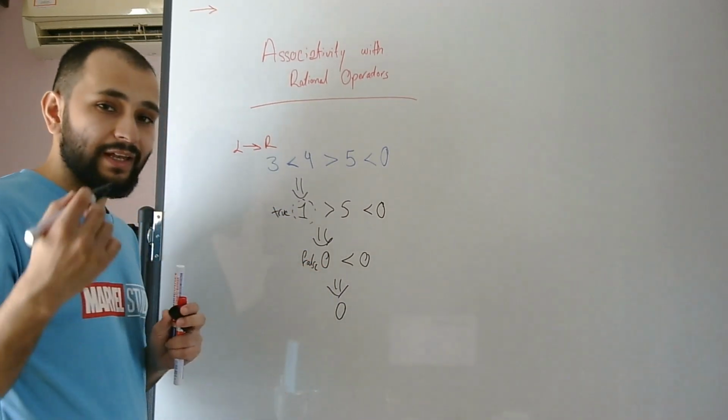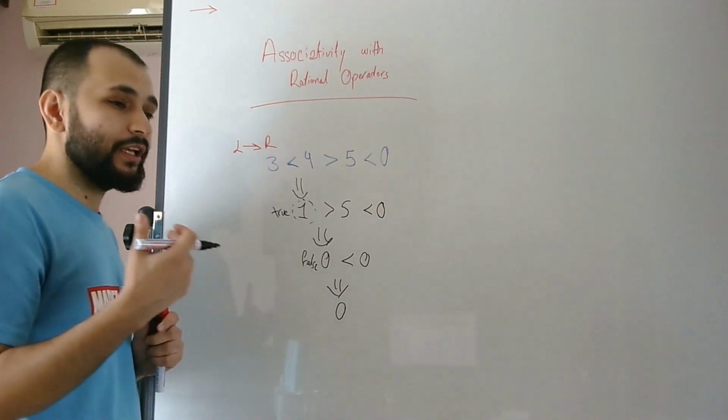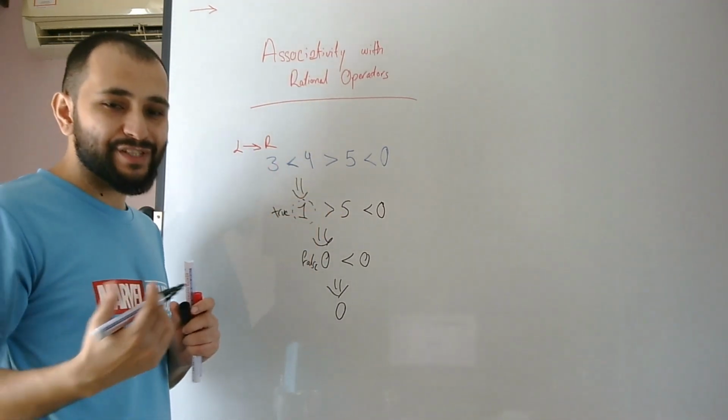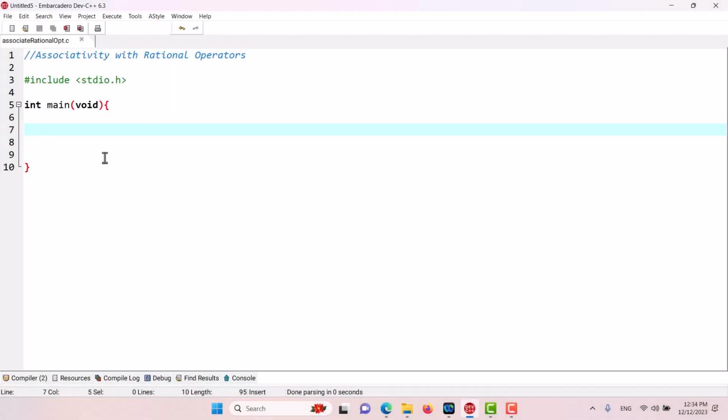Now let's go to my laptop and see if we get the same result if we put this expression in a printf statement. So here we are on my laptop. We need a printf statement, and we want to print the integer result of an expression.